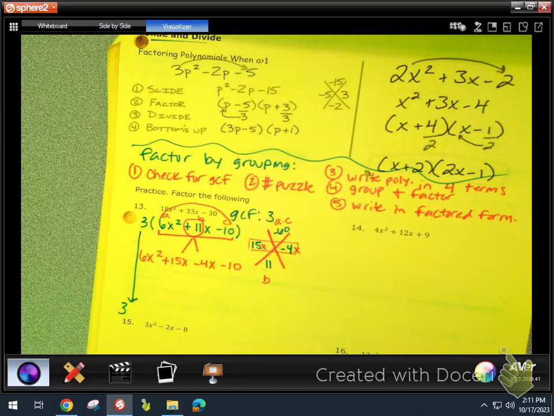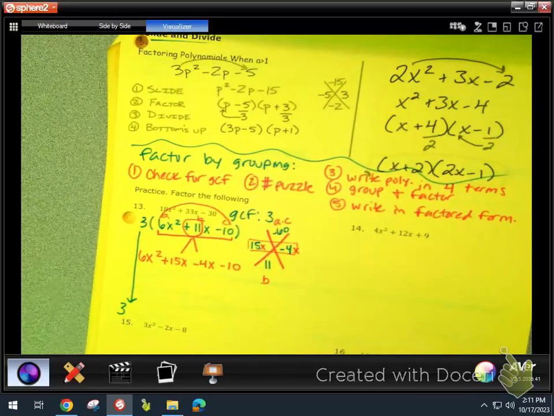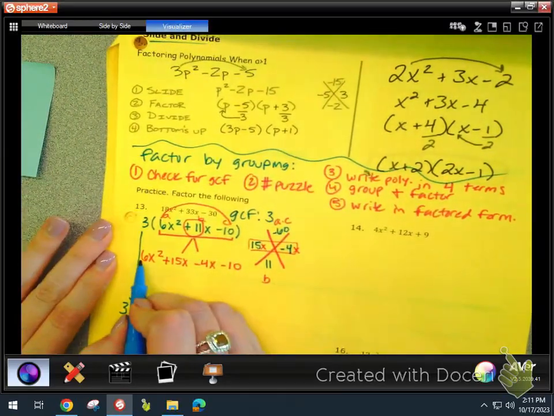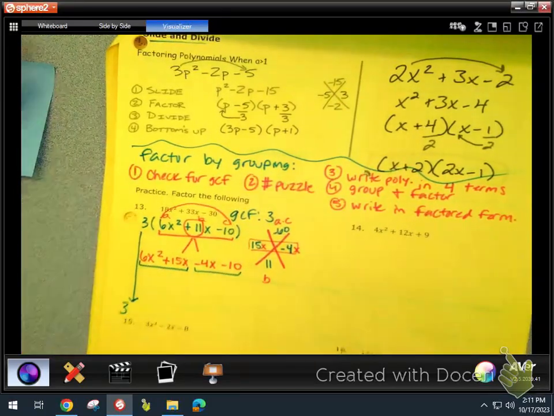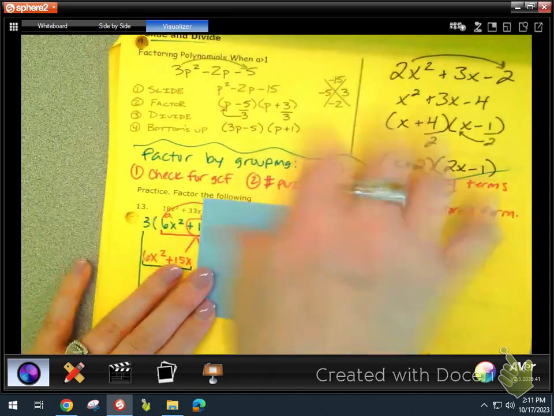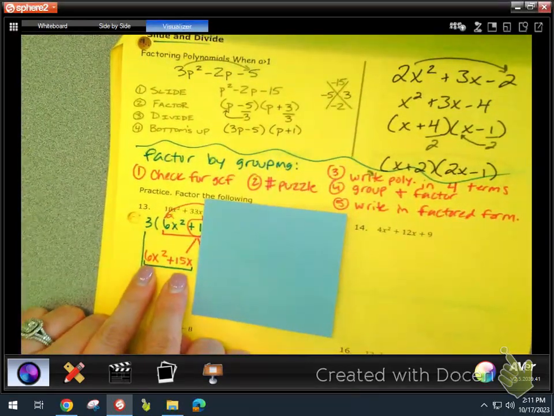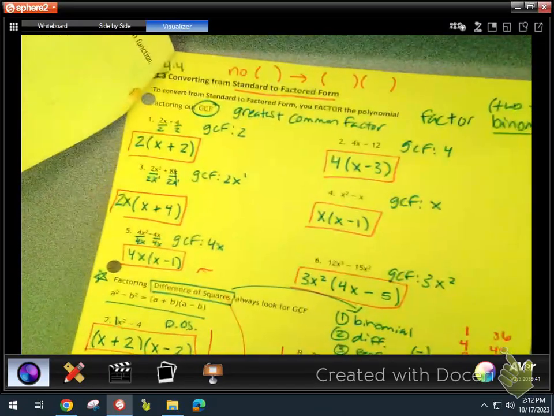So now that I have my 4 terms, I'm ready to group since I have even groups here. So where is a sticky note? Because I like to teach kids with that. Okay, so I am going to group my first 2 terms and my last 2 terms. And I'm even going to cover up my last 2 terms. And guess what kind of problem this is? The same type of problem that you just did at the beginning.